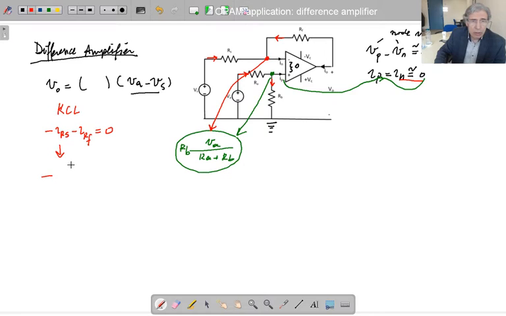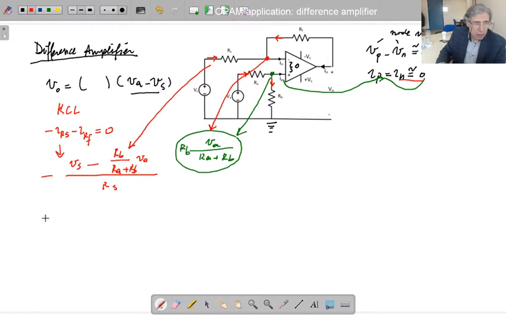Minus RS is Vs, node voltage of this terminal, minus node voltage of this terminal, which is RB over RA plus RB times VA, over RS, gives me this IRS current, that current. So I can say that is also this.